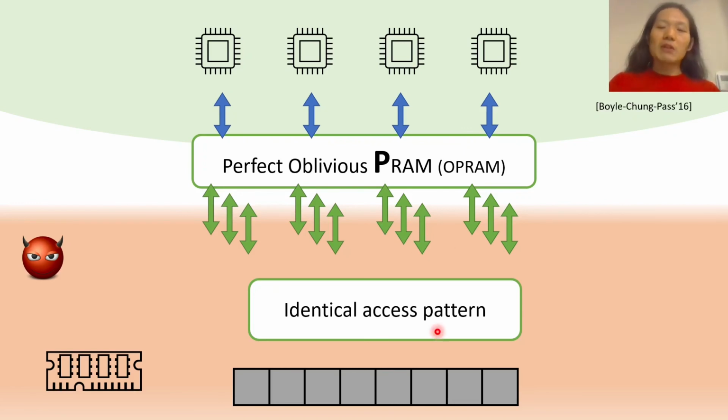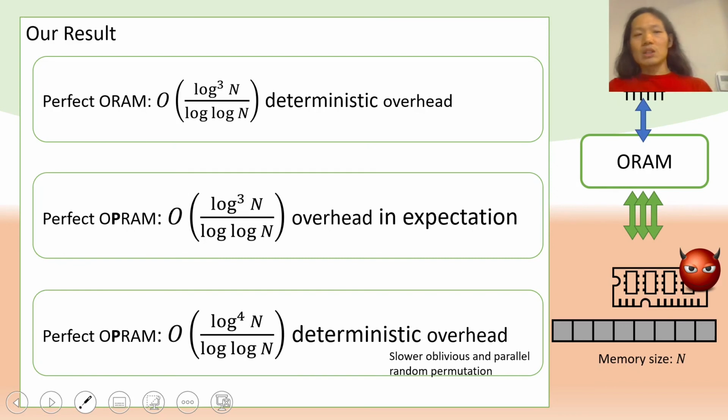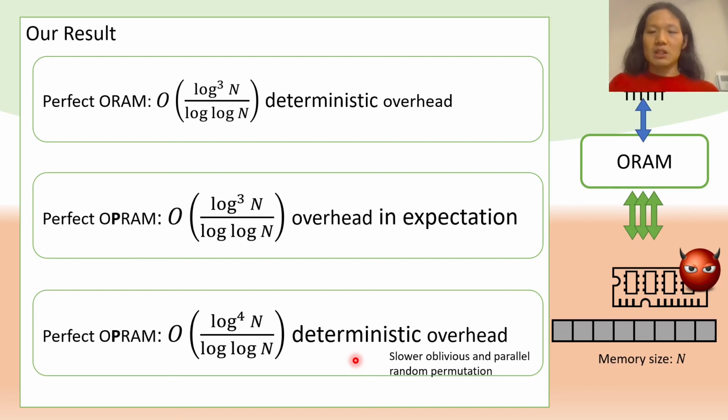We still require the physical access pattern to be identically distributed for all logical sequences. We extended our construction from ORAM to OPRAM. There, the deterministic time bound is slightly worse than the expected variant. For the sake of time, I don't have time to go into the details, but it is because we don't have a very efficient parallel random permutation.